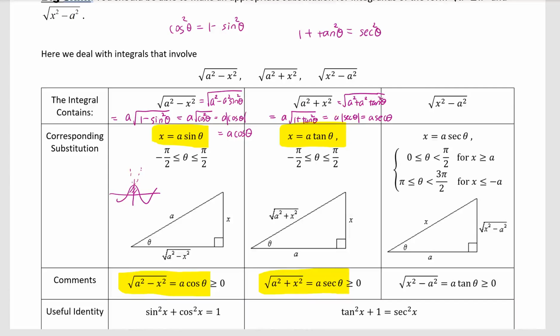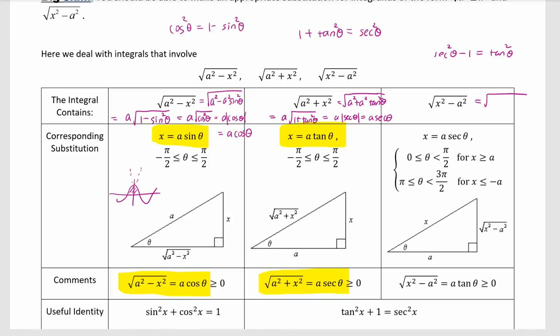Secant. Okay, and last one, if you see square root of x squared minus a squared, it's like a variable squared minus constant. Does it look like this trig formula? So that's why you let x be a secant theta.